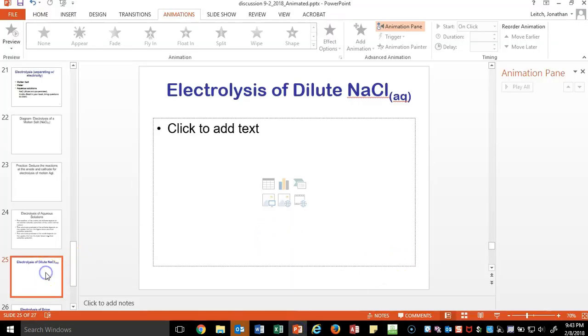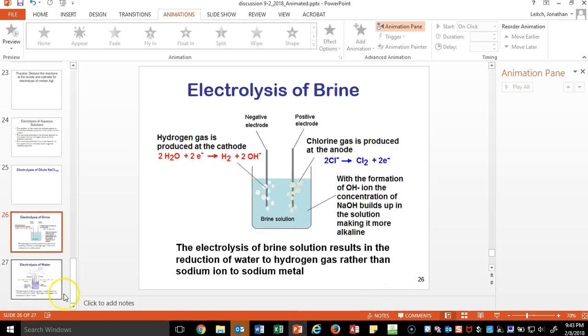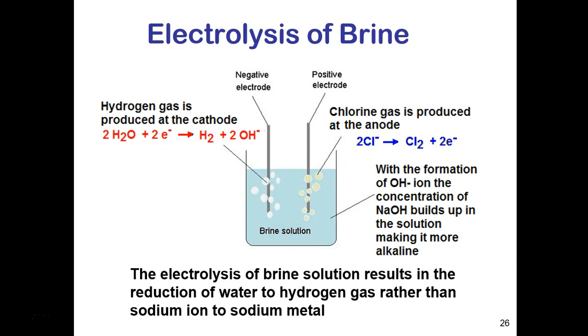Now we're going to look at the electrolysis of brine. When we say brine, we're talking about concentrated sodium chloride. So when we electrolyze brine, the species produced at the cathode is still hydrogen gas, because water being reduced is still way above sodium being reduced.